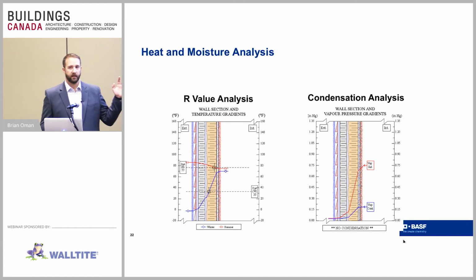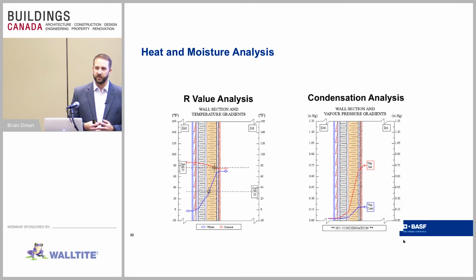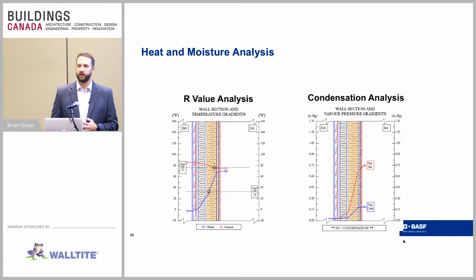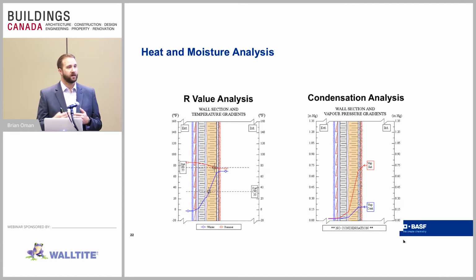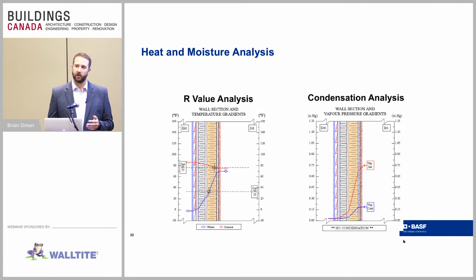So simple calculations like dew point calculations and condensation analyses can take a look at this assembly and figure out where the dew point is going to fall based upon the physical properties of the materials in that assembly, as well as look at, based particularly upon the permeance, the permeability of the products in that assembly, whether or not we're going to potentially have moisture accumulating in that wall.